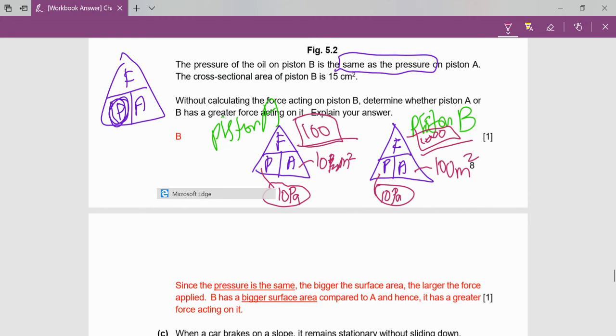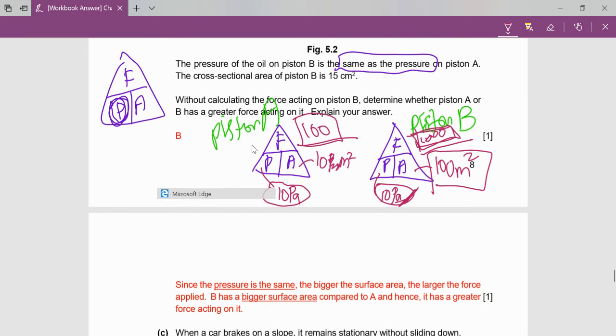But if you need to, you can secretly go and calculate on your own. Then you'll be able to see that in order to achieve the same pressure, if you have a larger surface area, we already know that larger surface area means lesser pressure. But I want the pressure to be the same. So to compensate for that lower pressure, I'll have to apply a greater force so that I can get the same pressure as piston A. So your answer, explanation is here.